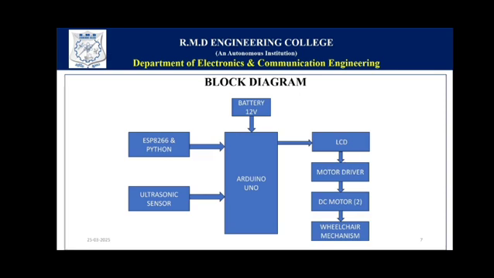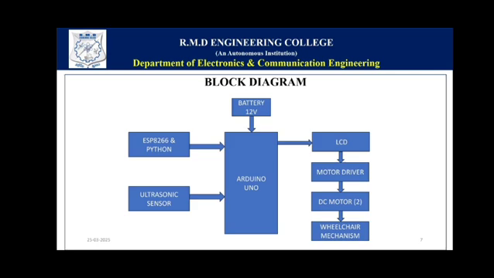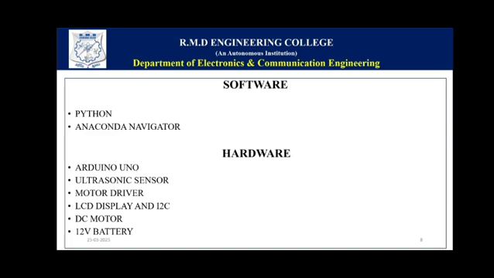And we are using an ultrasonic sensor to detect objects. If any object is detected, it will move backward and stop. And we are using an LCD to display whether the wheelchair moves forward, backward, right or left. I'm using a motor driver to control the DC motors, and this is the wheelchair control mechanism of our project.